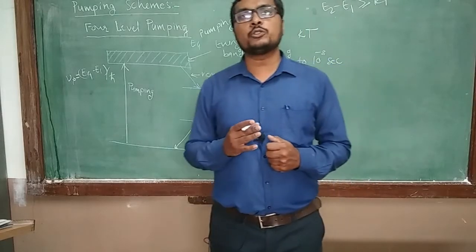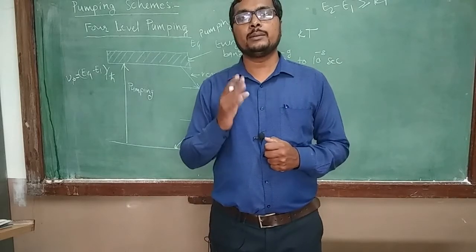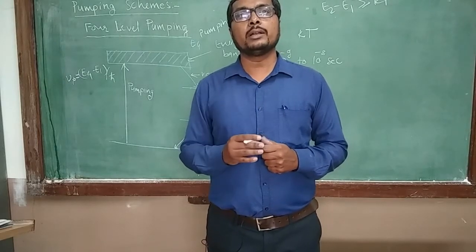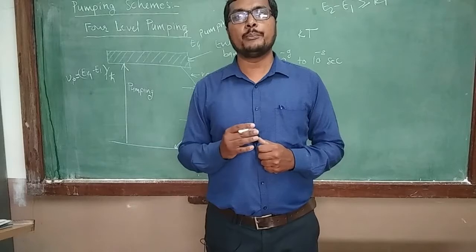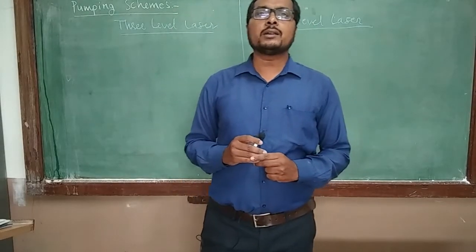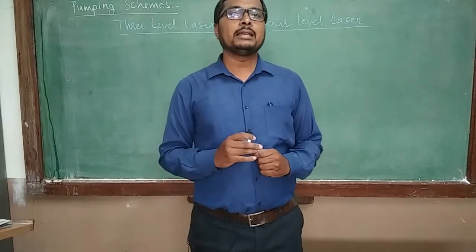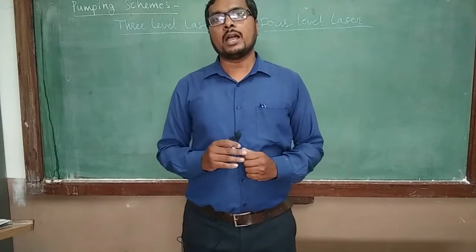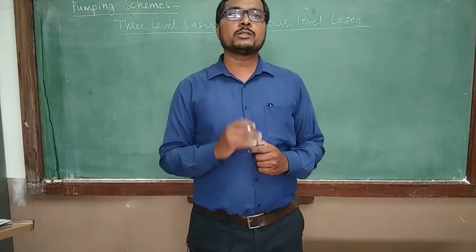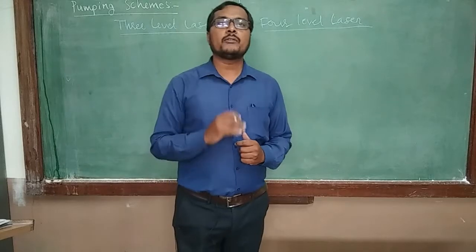Let us now study the relative merits and demerits of the 3-level and 4-level pumping schemes. In the case of the 3-level laser, what we have studied is that the terminal laser level is the ground state, and we know that the ground state is not empty, so it has a very large number of atoms.